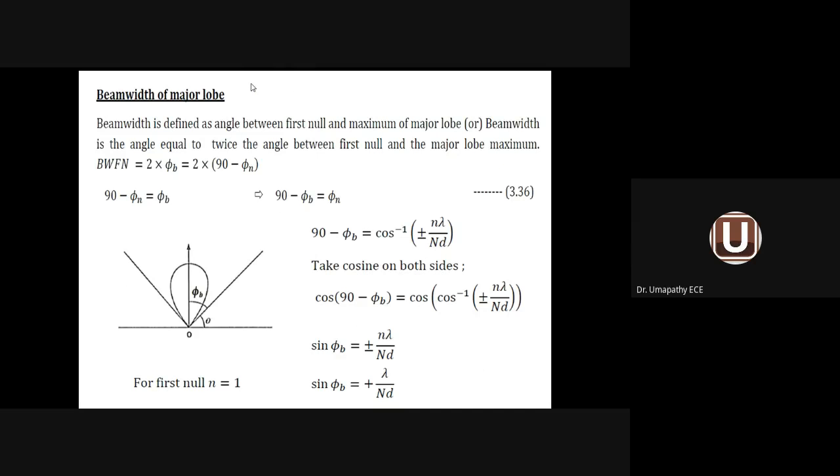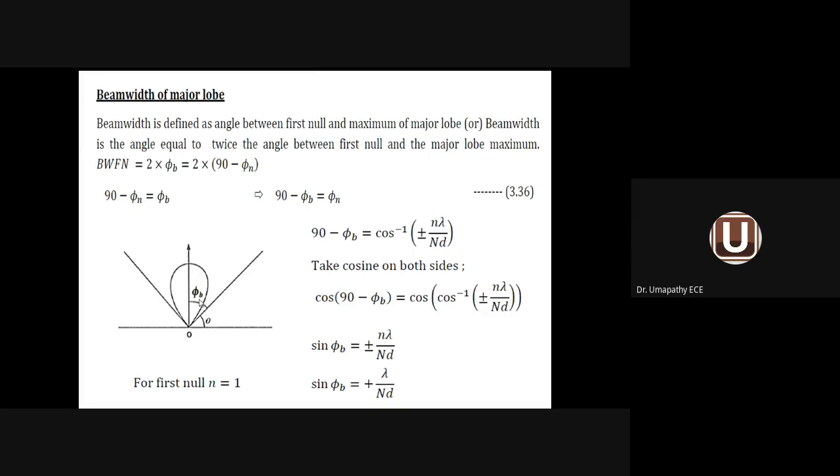Now the fourth parameter. In the case of broadside array, I would like to calculate the fourth parameter, the beam width of the major lobe. So look at the diagram. What is the definition of the beam width of the major lobe? Twice the angle between the first null and the major lobe maximum. So this is the first null line, and this one is the major lobe maximum.